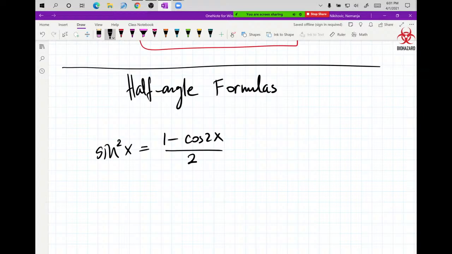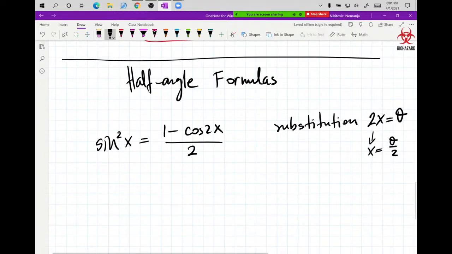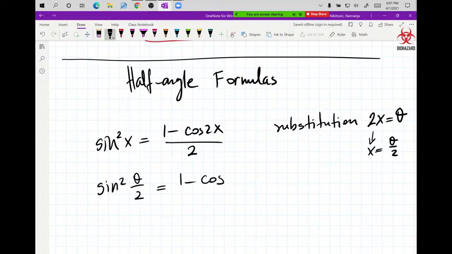So what you can do is you can use the substitution. 2x equals theta, which makes x equals theta over 2. And you can plug that in here. So you will get your sine squared of theta over 2 is equal to 1 minus cosine of theta divided by 2.